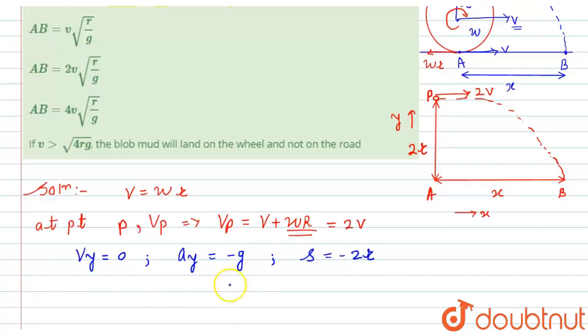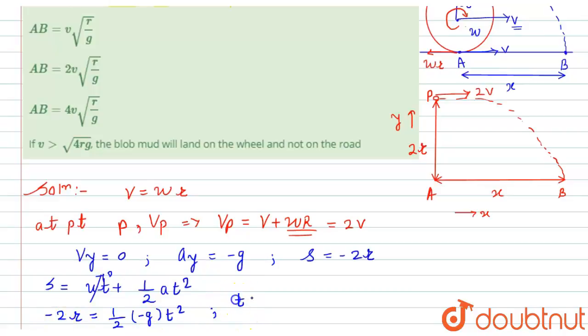If we substitute these values in the equation of motion, s equals ut plus 1/2 at square, the initial velocity is 0, so this term goes to 0. Substituting s and a, we get minus twice of r equals 1/2 into minus g into t square. Now the minus signs get cancelled.